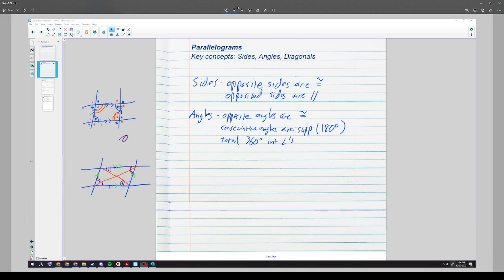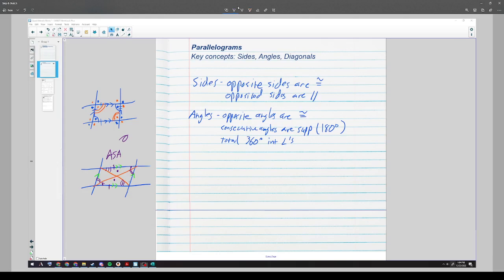So basically what I'm trying to show here is that I have this angle congruent to this one, this side congruent to that one, and this angle congruent to that one because of all my transversal rules. So that gives me ASA congruence between this triangle and this triangle. So why does that matter? Well, one, we know that we have 2 pairs of congruent triangles here.